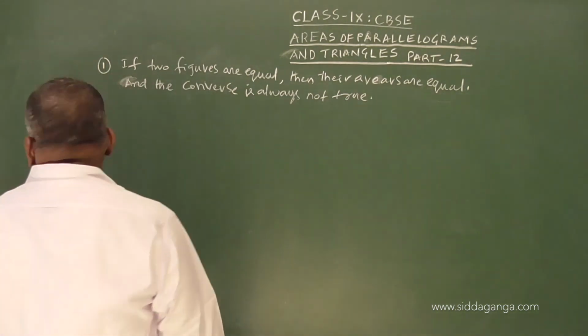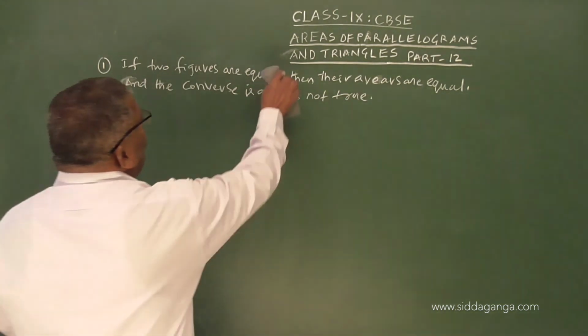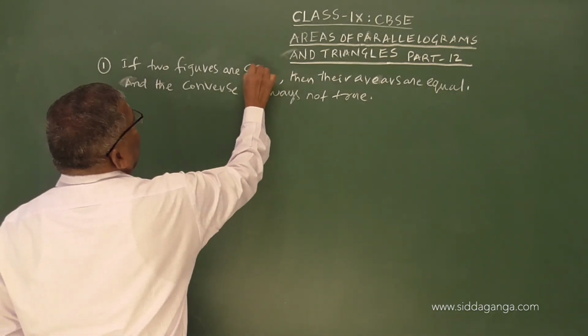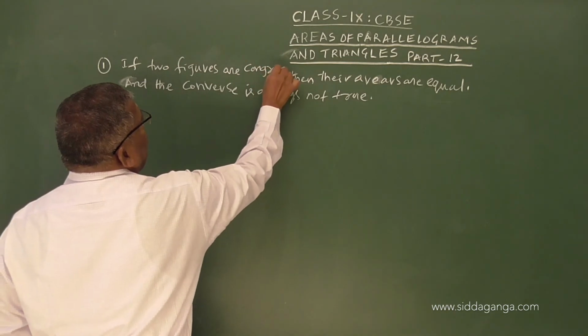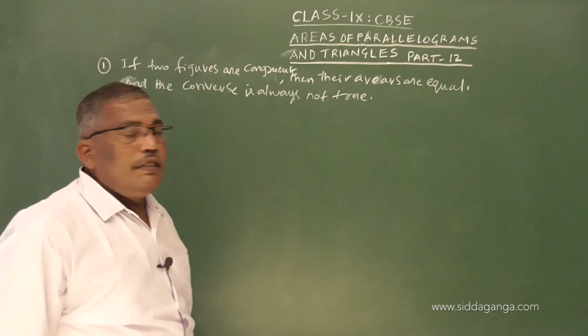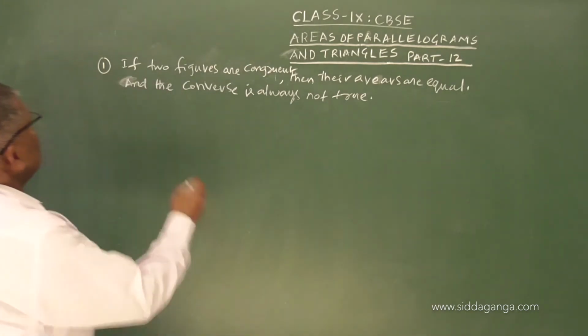So, if the two figures are congruent, then their areas are equal. This is what we learnt.